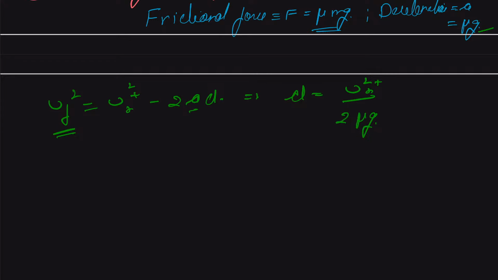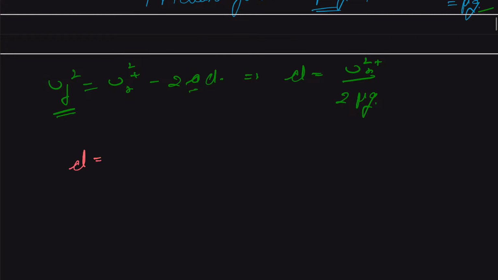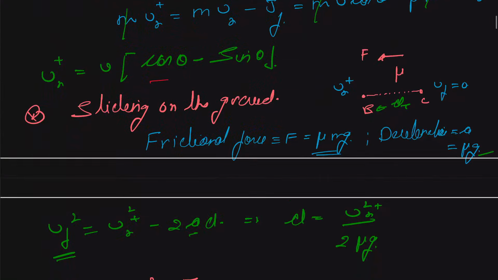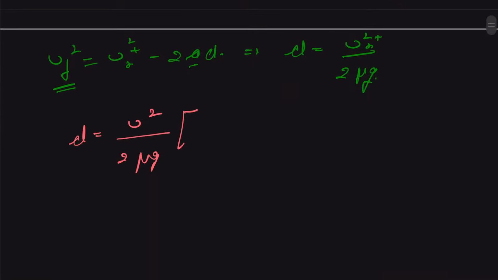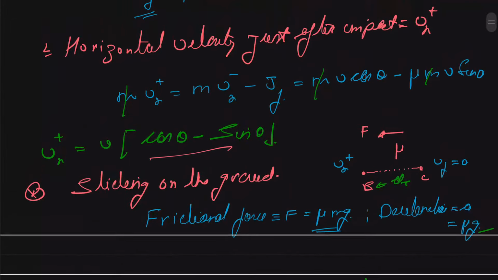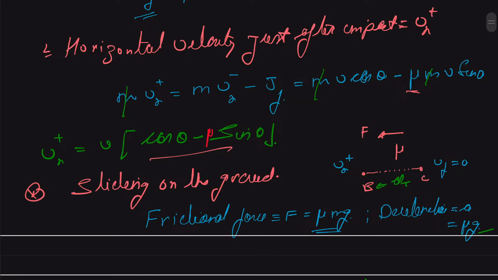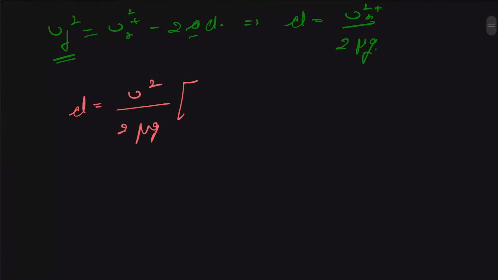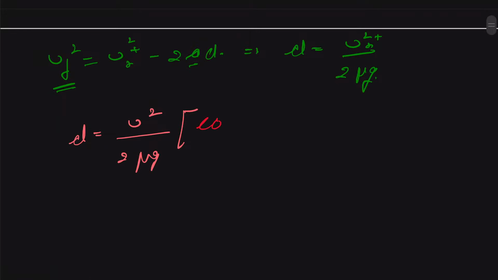Therefore we get that d will be equal to V squared over 2 mu g, and V positive we just calculated is cos theta minus sin theta whole squared. Here I missed mu, so this will also have mu, and this comes as cos theta minus mu sin theta whole squared. Okay, so this is our distance.